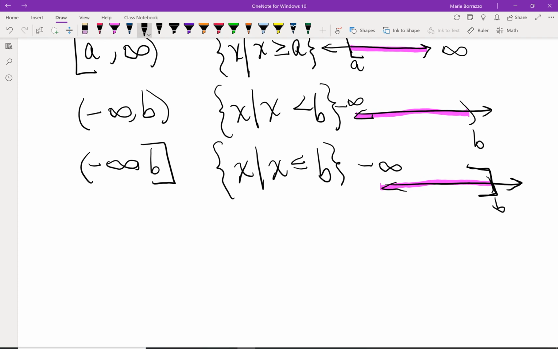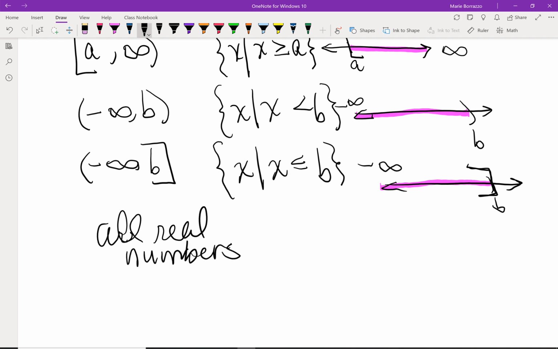And the last example is when we have all real numbers. All real numbers means that absolutely everything on the number line can be used. There's nothing limiting our equation. And in that case, there are two ways you can notate this with set builder.